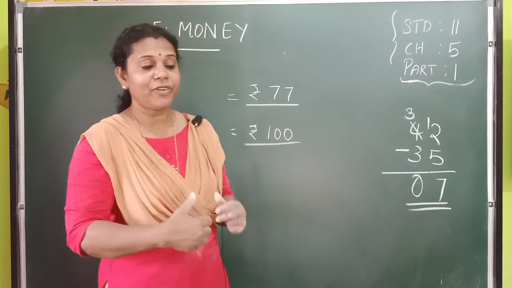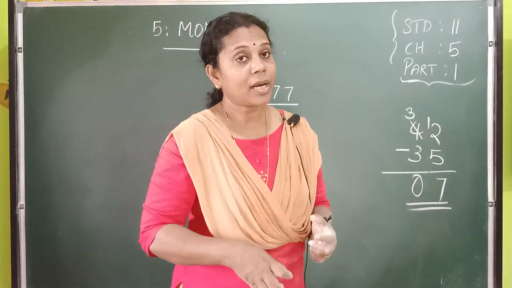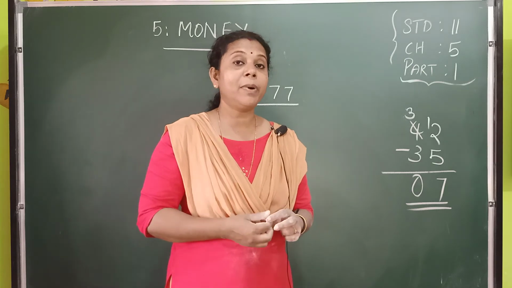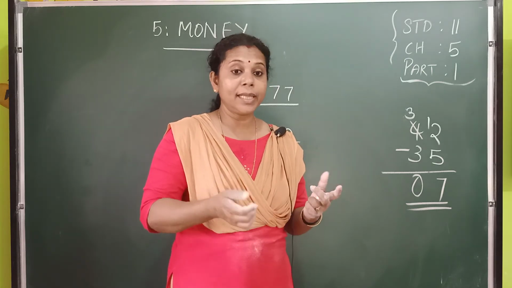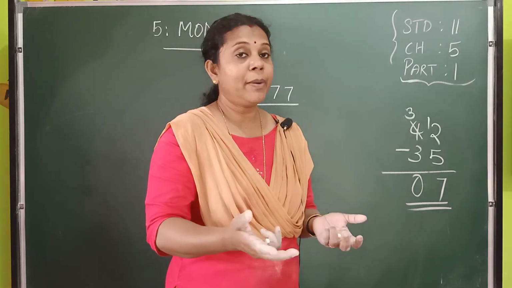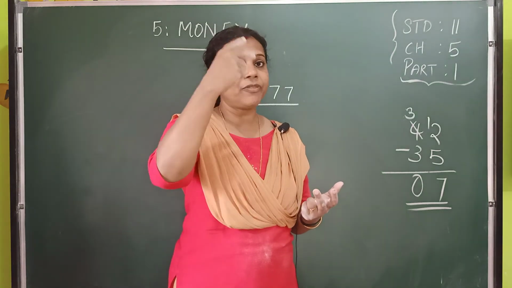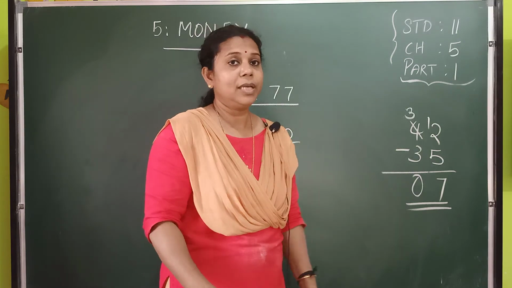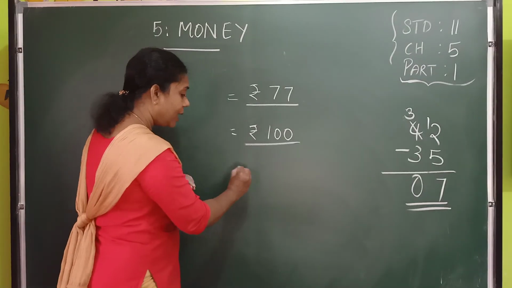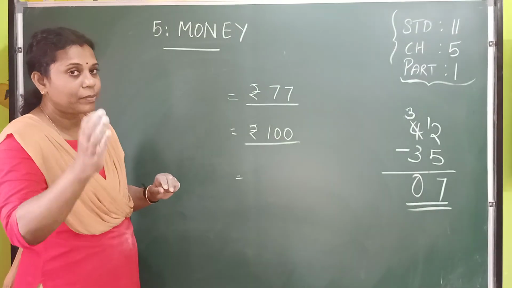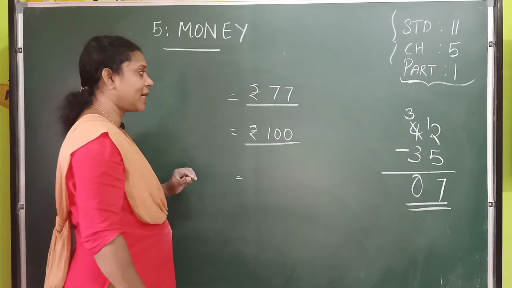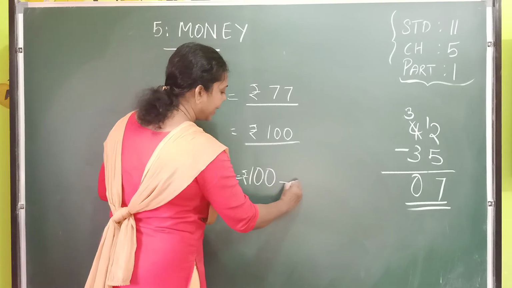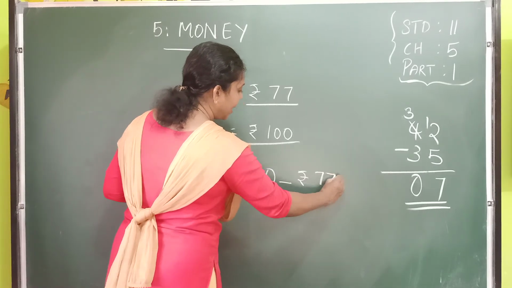Then the third and final statement, amount required: how much more do we need? Amount required, or we can write the difference in amount needed, just like the first problem, or a simple sentence. When the concept of more comes, make use of the operation subtraction. That is again rupees 100 minus rupees 77.